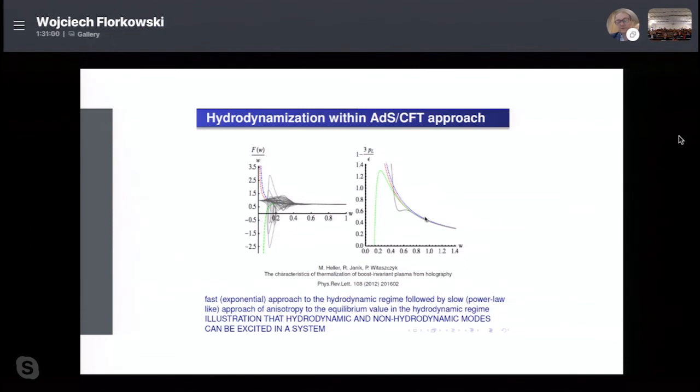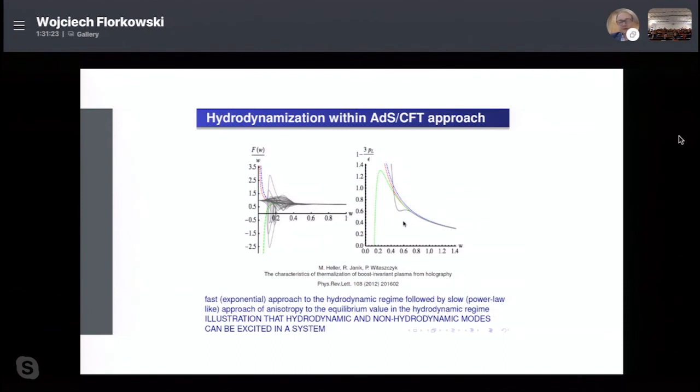But if we go really to extremes, then this approach might be later. So there are many questions which are not answered here, but there is a hint that dissipative hydrodynamics may work better than we would expect.